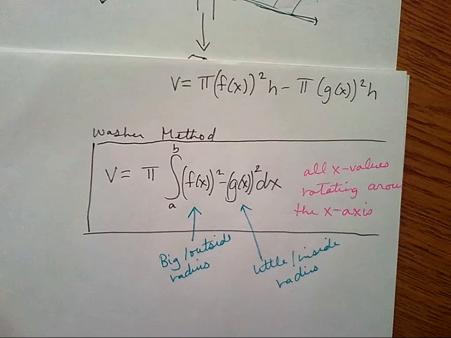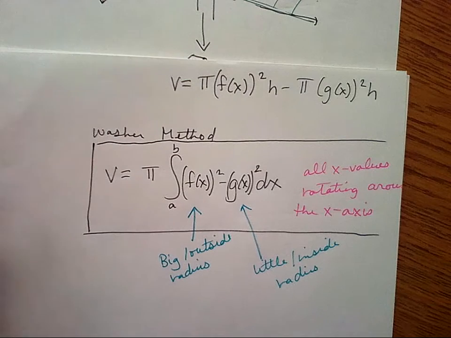So you're kind of thinking it's like a top minus bottom, right? But it has to be your outside radius and your inside radius. So I really like to label that in my picture. Figure out, depending on your axis of rotation, what's your big radius, what's your little radius.